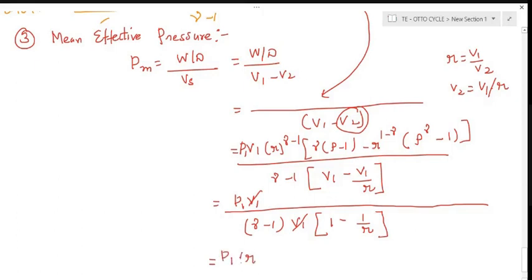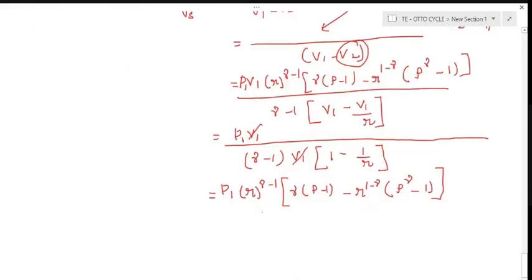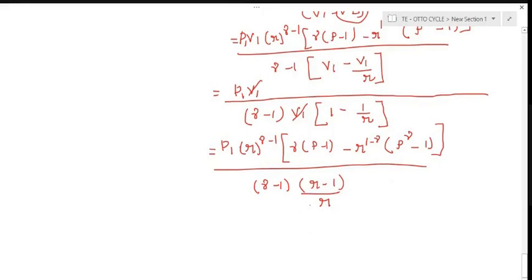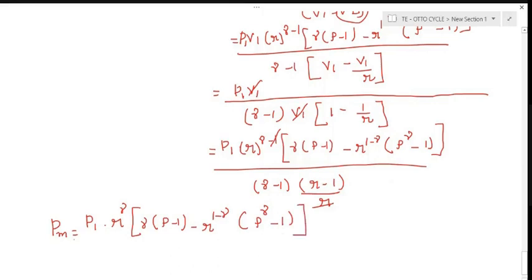P1 into R power gamma minus 1 into gamma into rho minus 1 minus R power 1 minus gamma into rho power gamma minus 1, divided by gamma minus 1, into, if you go for the LCM, R minus 1 divided by R. Here R power 1 goes, so R power minus 1 and R power 1 get cancelled, so the remaining term is the mean effective pressure equal to P1 into R power gamma into gamma into rho minus 1 minus R power 1 minus gamma into rho power gamma minus 1, divided by gamma minus 1 into R minus 1.